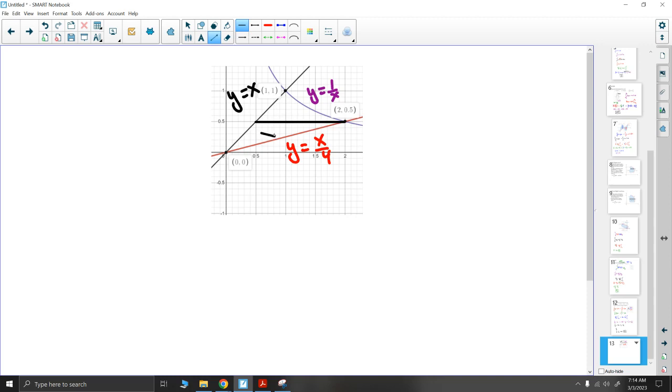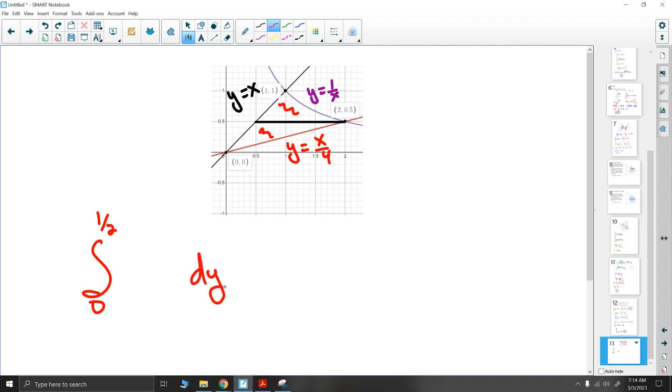So we're going to find this lower region and the upper region, and we're going to add them together here and here. But if we're going to integrate with respect to y, that is, we're going to take the integral from 0 to 1/2 of the red function minus the black function.